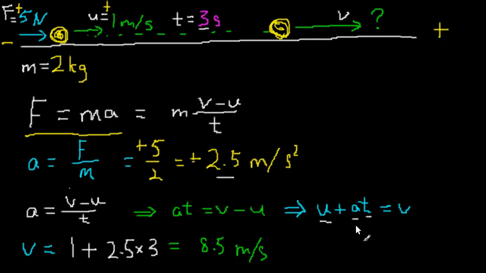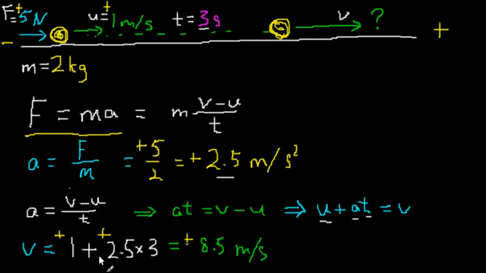And then we come here, right? We have u plus at that we need to find. Both u and a have directions. a, we just found that it's a plus, and u is a plus as well. Because they are both plus, I can just add the numbers directly. So you can see why it's quite straightforward, because they're just plus signs. In the end, we get 8.5, and again, it's a plus because it's not a minus.